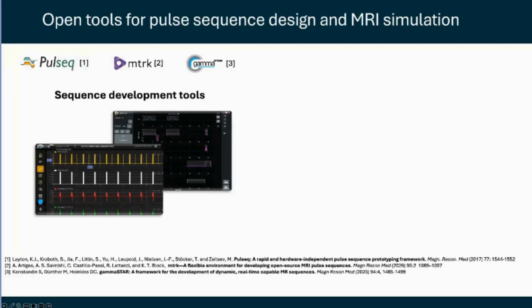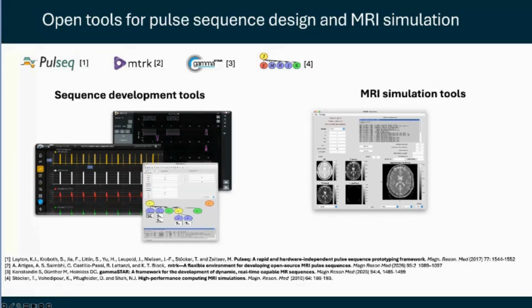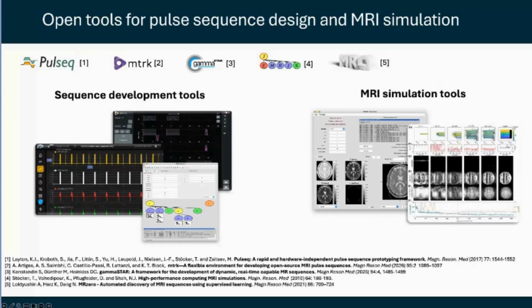On the other hand, there are also very useful open software tools for simulating MRI, such as JEMRIS, a long-standing and very powerful simulator that also has a sequence development tool, or MR0, which integrates simulation with machine learning workflows. They presented this some years ago.